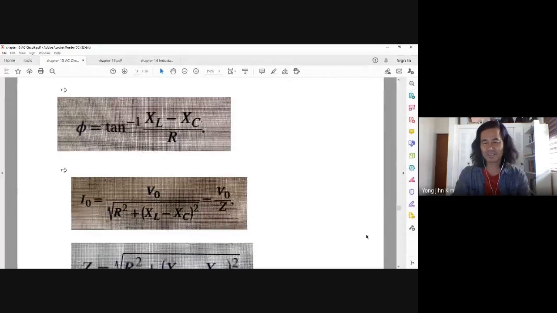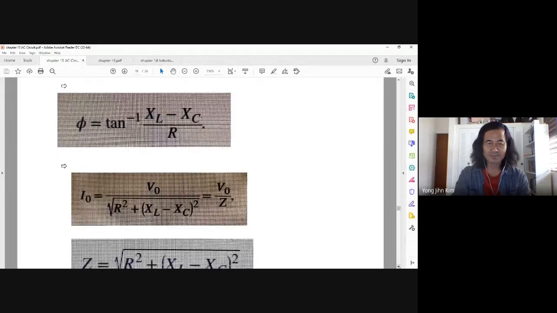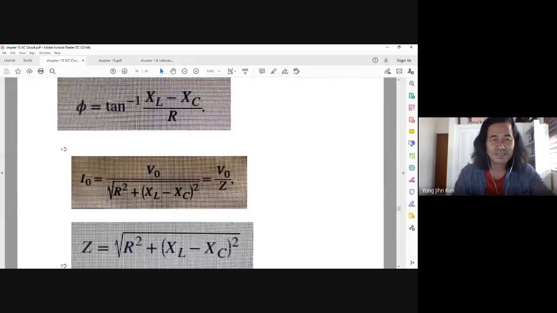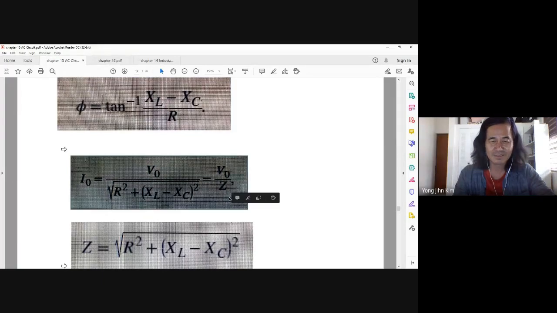So let me summarize what we found. The angle is arctangent of (XL minus XC) over R. Current amplitude is voltage amplitude divided by impedance.